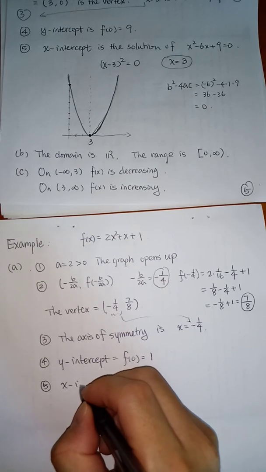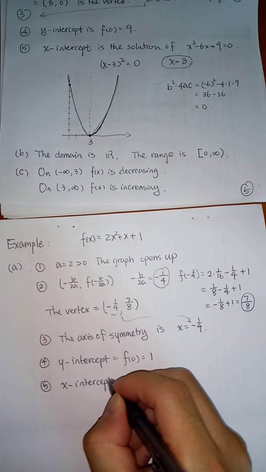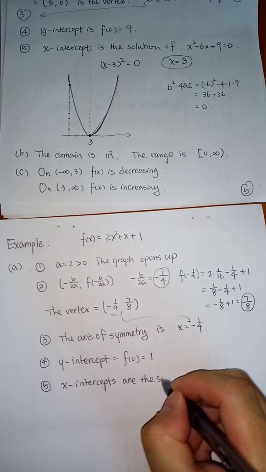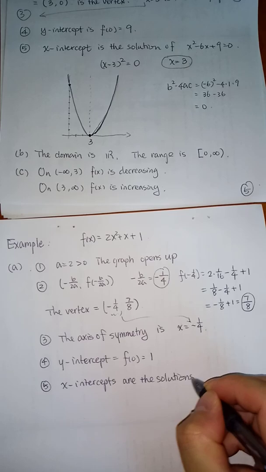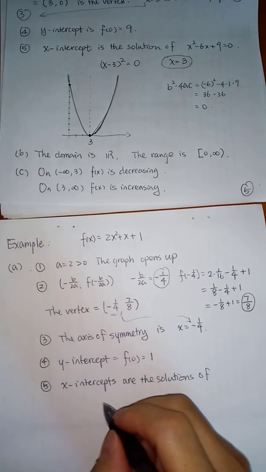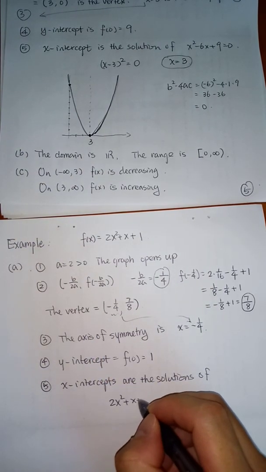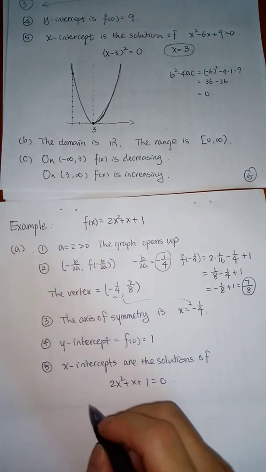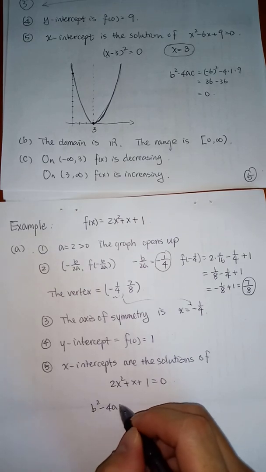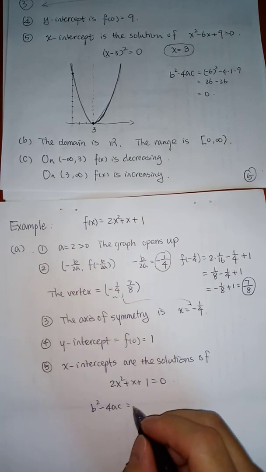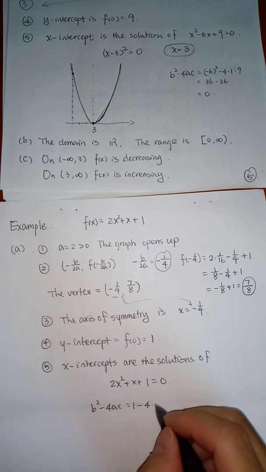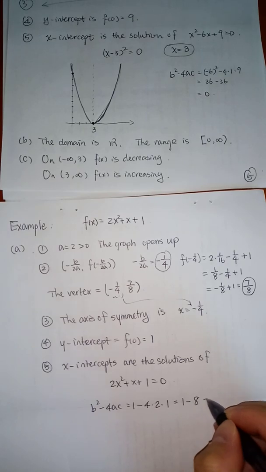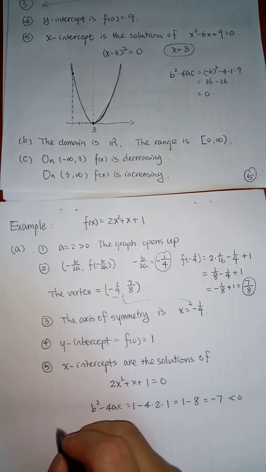The x-intercepts are the solutions of the function equal to 0. Remember, we have the discriminant b squared minus 4ac, where b is 1, a is 2, c is 1. 1 squared is 1, so it's 1 minus 8, negative 7, less than 0.